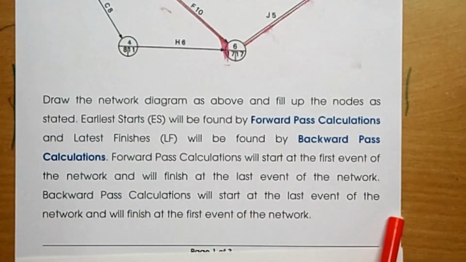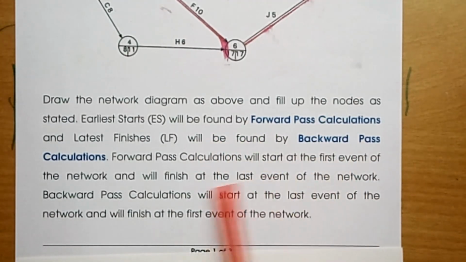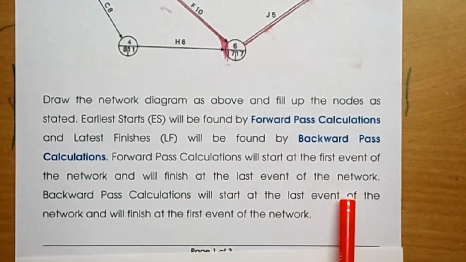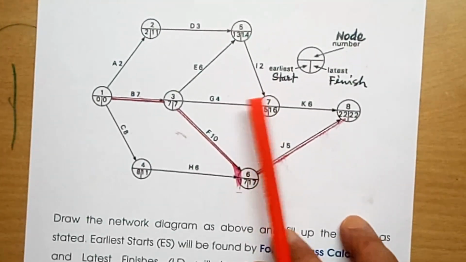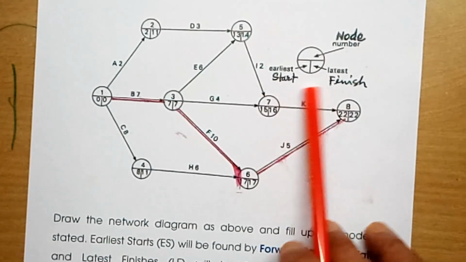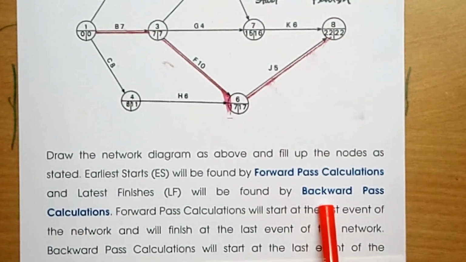So here you have two methods, two stages you can say: forward pass calculation and backward pass calculation. What are these and how are these techniques used to find out the earliest start and latest finish? To find out earliest start and latest finish, you have to apply forward pass calculation and backward pass calculation.